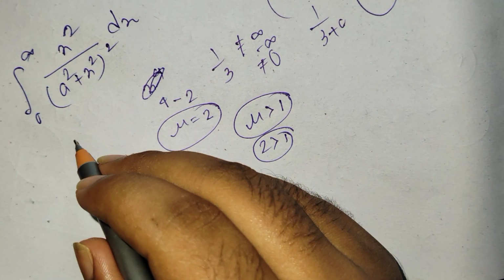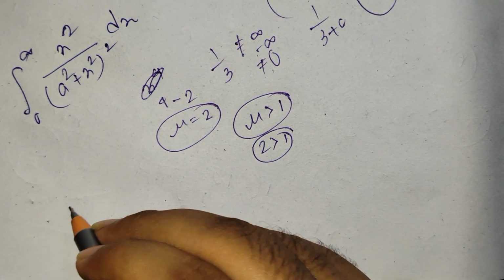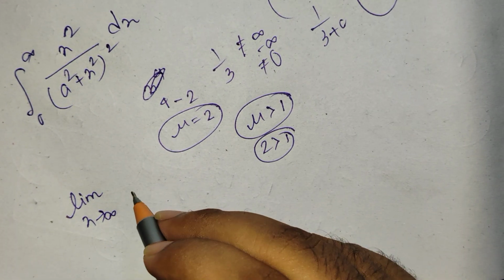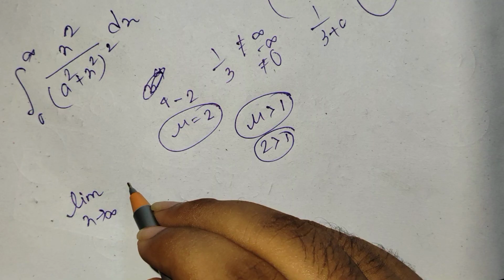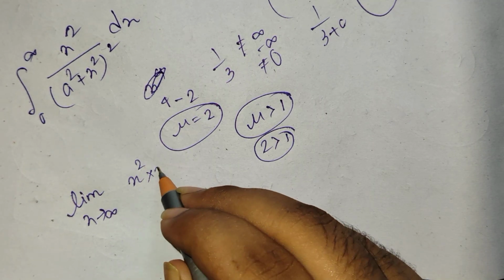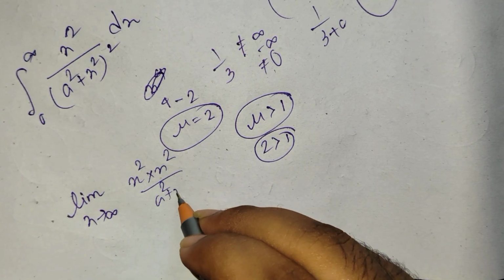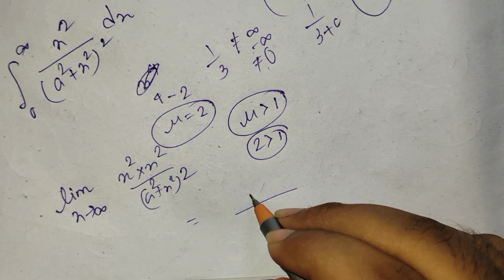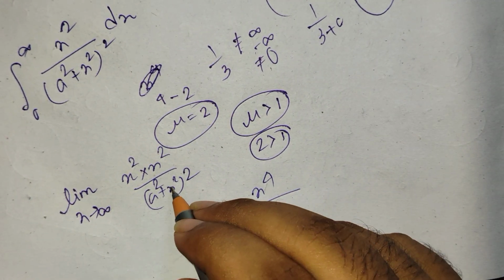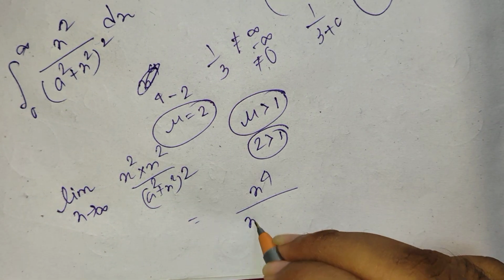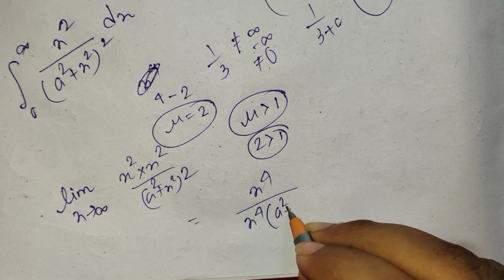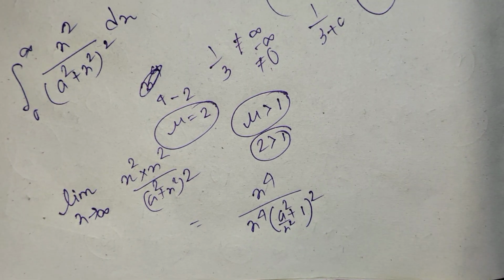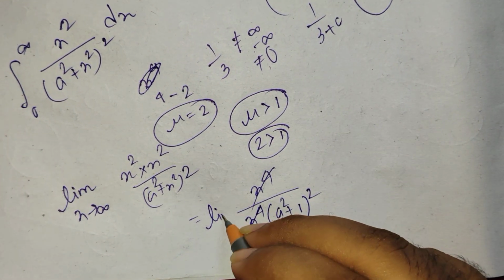For checking the second condition, we have to take the limit as x tends to infinity. Mu is 2, so we take x square into x square by (a square plus x square) whole square. Taking common x square from the denominator, this is x to the power 4, and it becomes x to the power 4 times (a square by x square plus 1) whole square. This will be cancelled out.